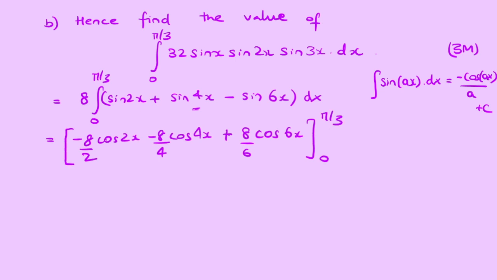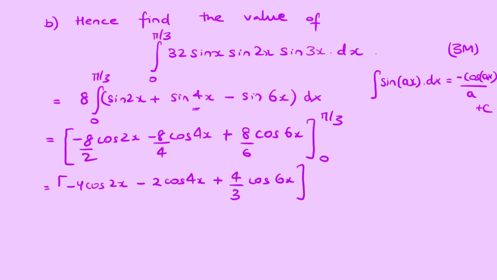I'm just going to simplify this first slightly. So minus 4 cos of 2x minus 2 cos of 4x plus 4/3 cos of 6x.